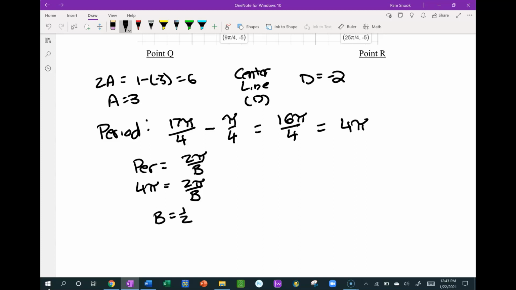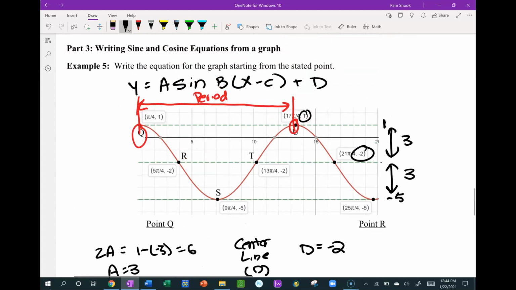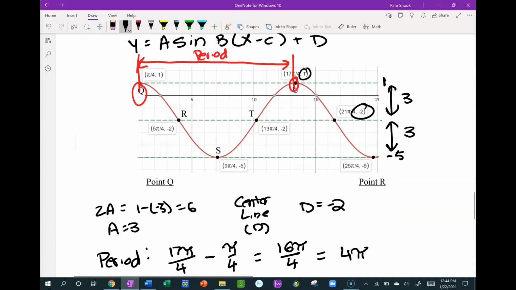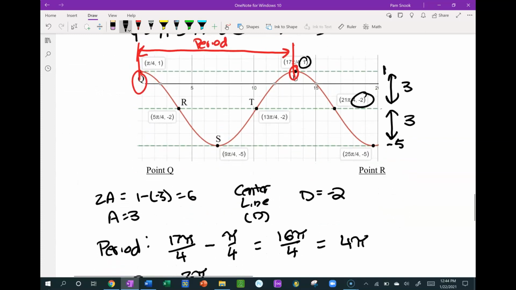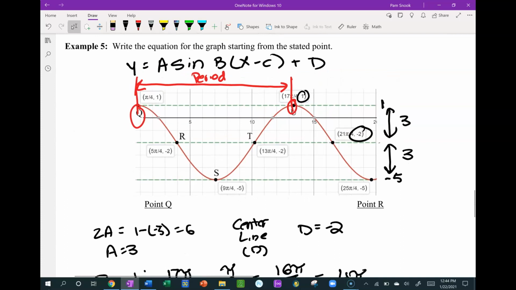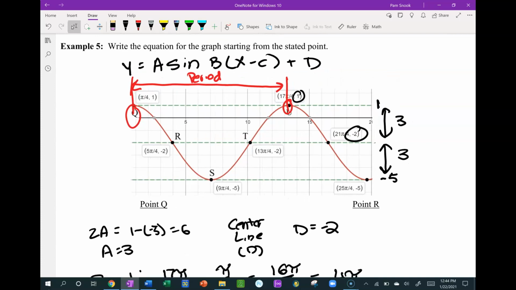So now I've got A is 3, B is 1/2, D is -2. C, my starting point, is going to depend upon which point I choose. So in this problem, it's saying we have point Q, point R, point S, point T, point U, and it says write the equation for the graph from the stated point.